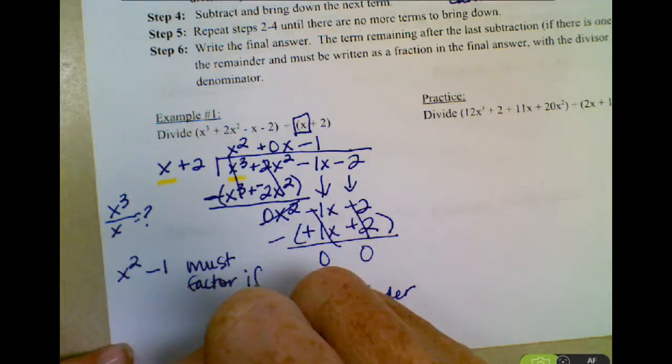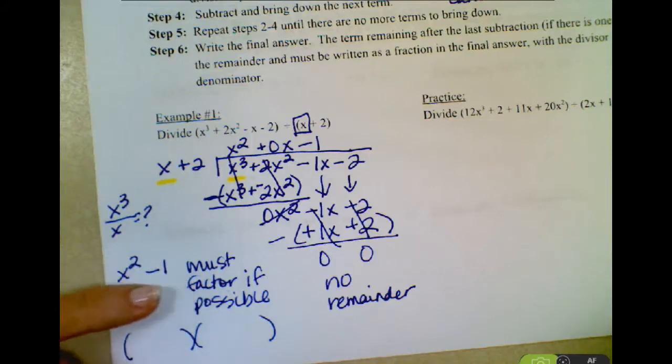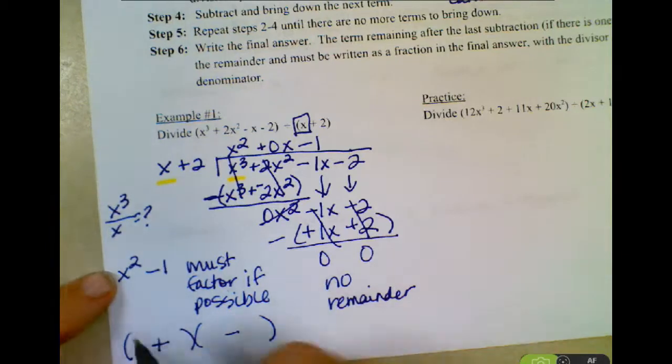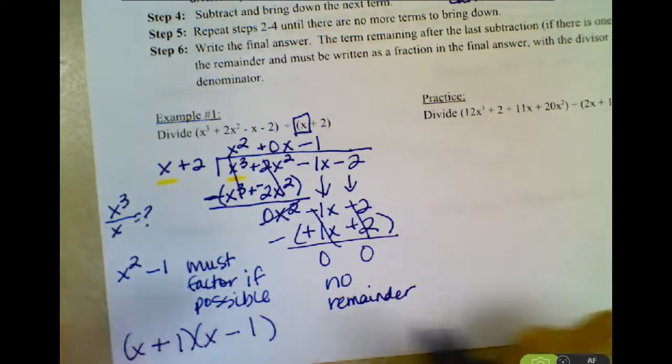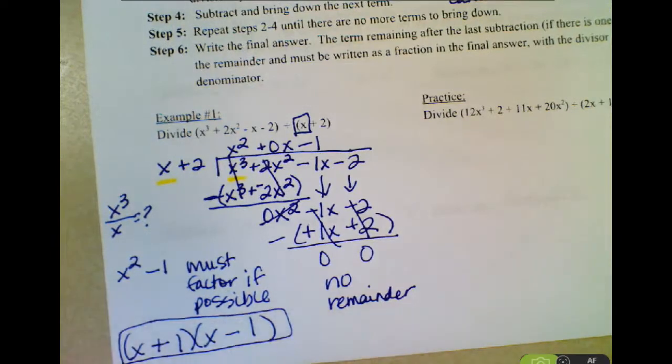And this actually is factorable because we have a perfect square and a perfect square, no middle term, and a negative sign in between, which means we have a positive and a negative. Square root of x squared is x. Square root of 1 is 1. So this is completely divided out, okay?